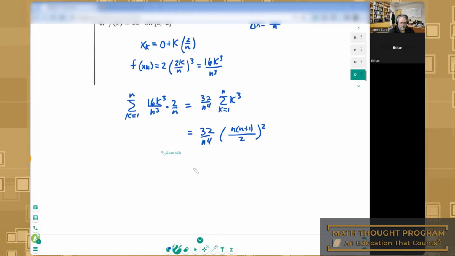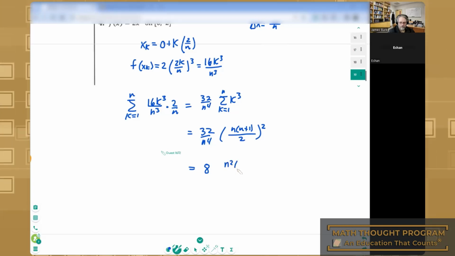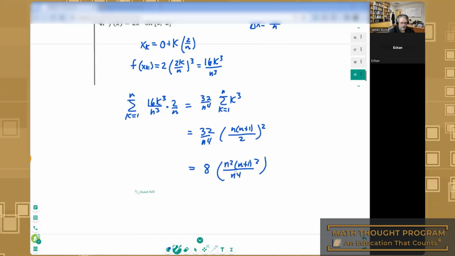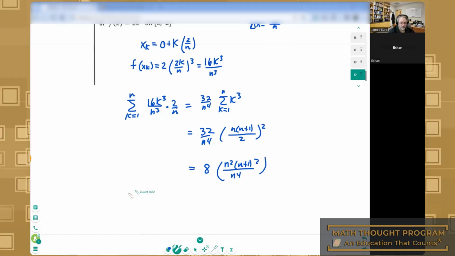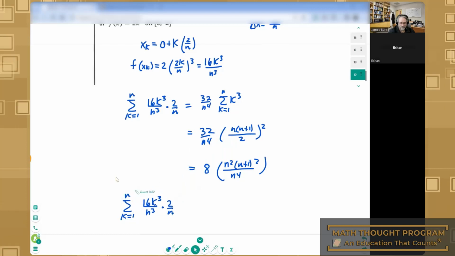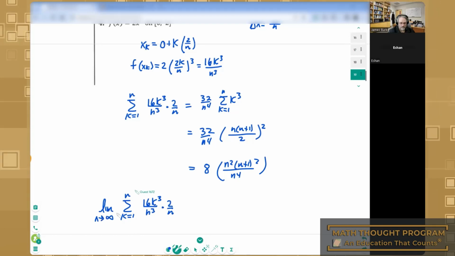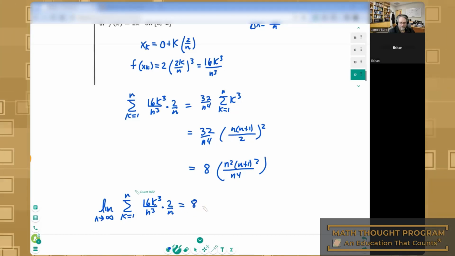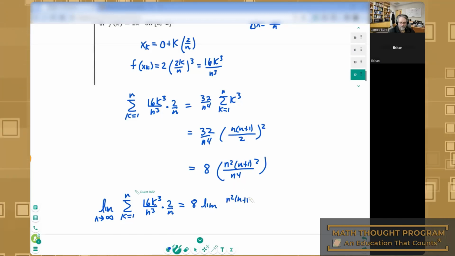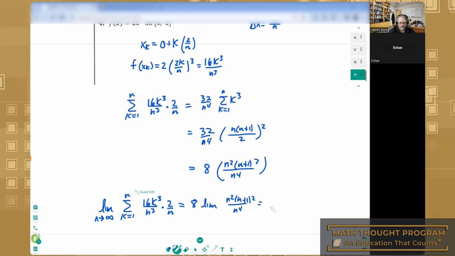Okay, so 4 goes into 32 8 times. And after you do this step, then you have to take the limit. So you're taking the limit of your series as n goes off to positive infinity. And you're looking at your n squared, n plus 1 squared over n to the fourth. And that's going to correspond to the value of 1 in the end.